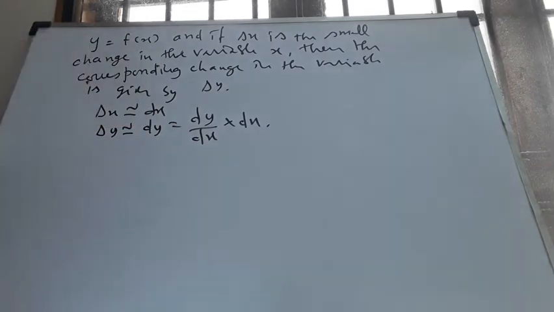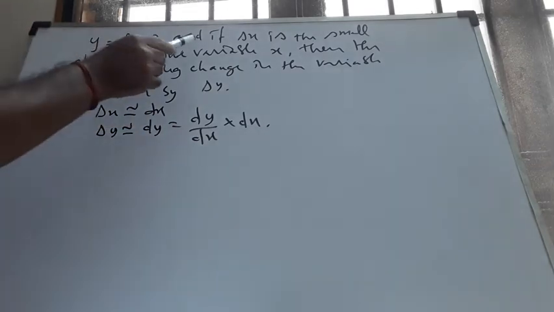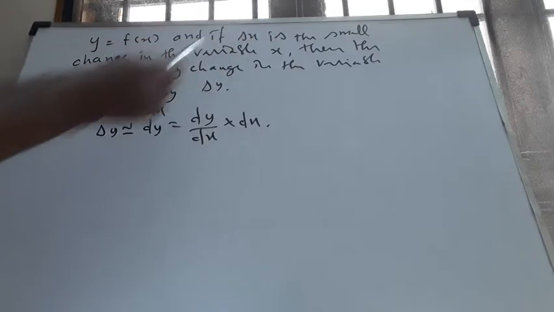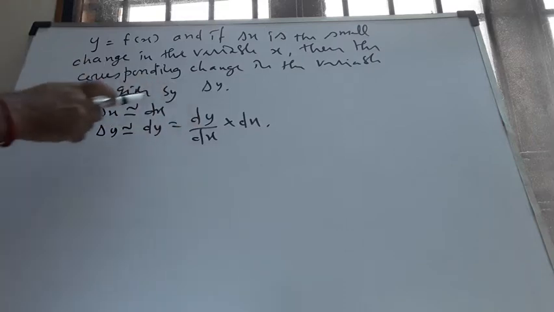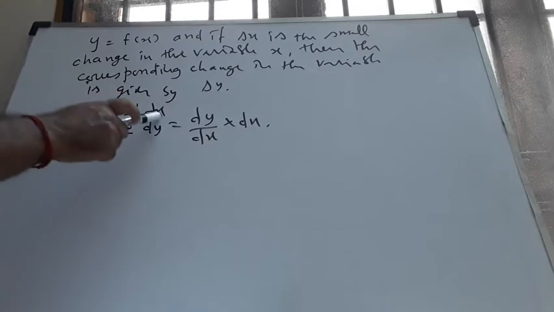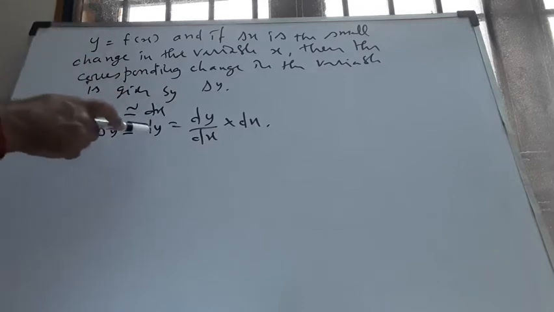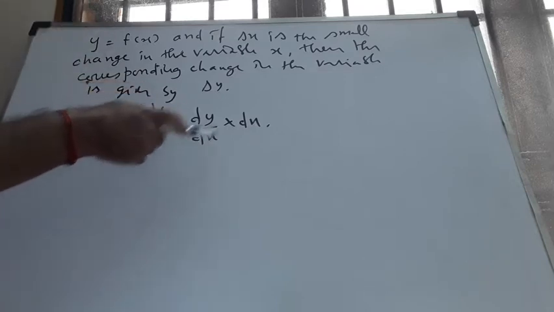Let me repeat. When y is equal to f of x is given and if delta x is a small change in the variable x, then the corresponding change in the variable y is given by delta y. Delta x is approximately equal to dx. Now for delta y approximately equal to dy, we write it as dy by dx into dx.